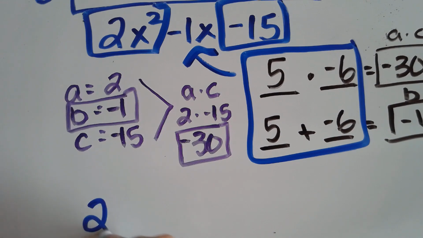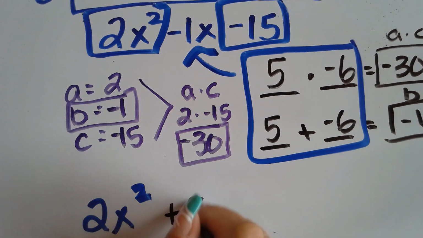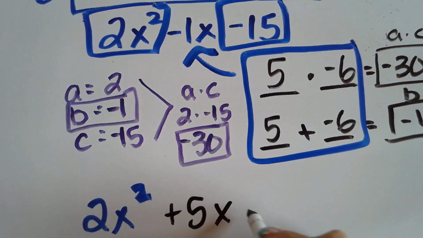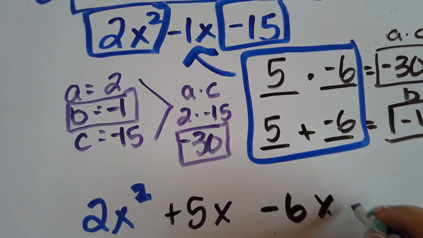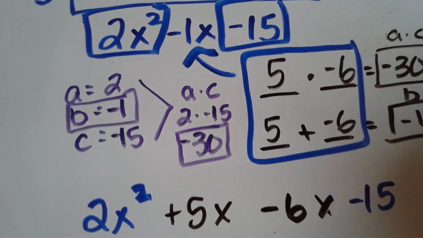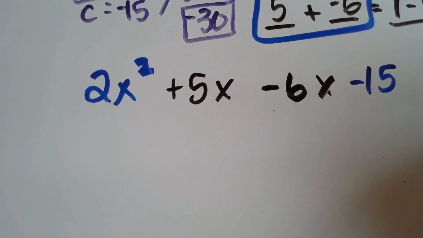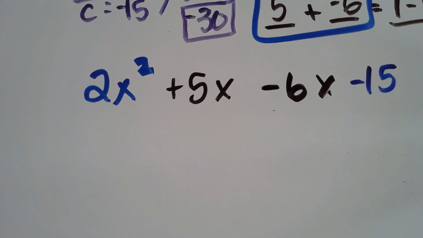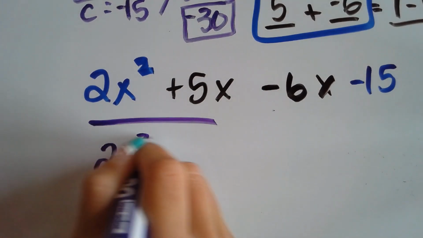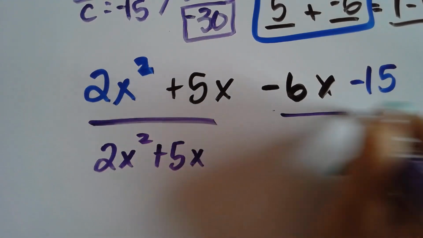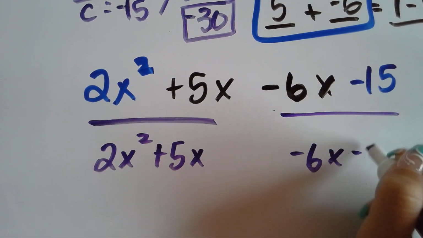So we know we're going to have 2x squared, okay, plus 5x minus 6x, and then we have minus 15 from over here, minus 15. So now we're going to go ahead and group these four terms. So we have 2x squared plus 5x, and we have negative 6x minus 15.